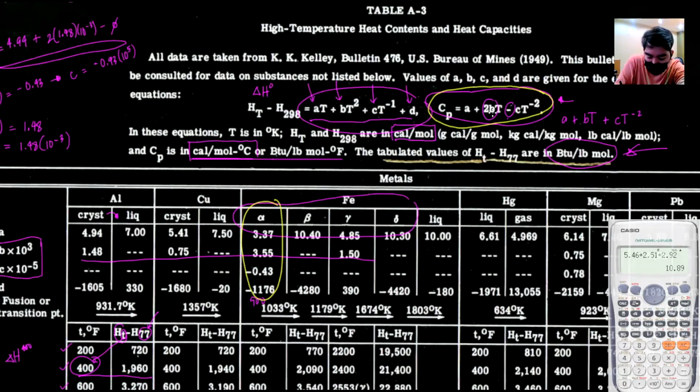And Schumann has this form. It's different from the form that is available in our modules. Sa modules natin, ganito yung form: A plus BT plus CT to the negative 2. Dito, A plus 2BT minus CT. So itong plus 2B and minus CT yung difference. So we need to take that into account.